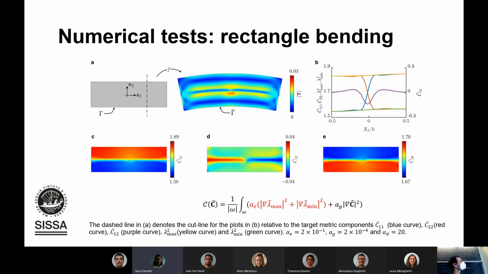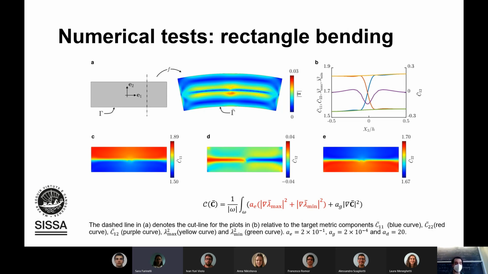So this means that this material, it's like a bilayer, so something composed by two layers of the same material, but the material is oriented in a different way in the upper part of the layer and in the lower part. So in particular, the difference in orientation is 90 degrees. So this is more or less what we tested.